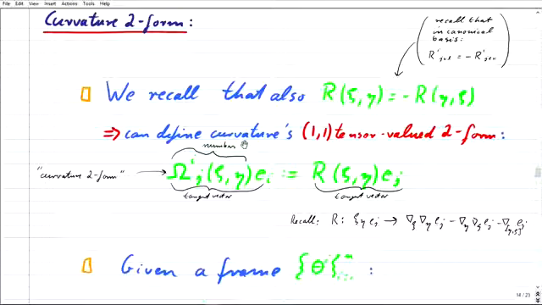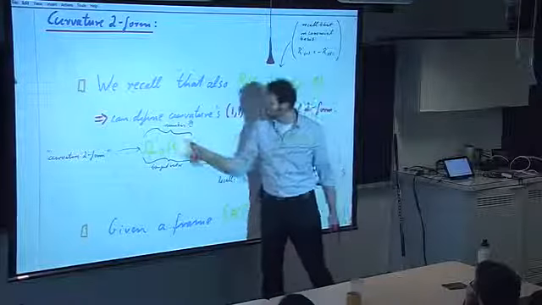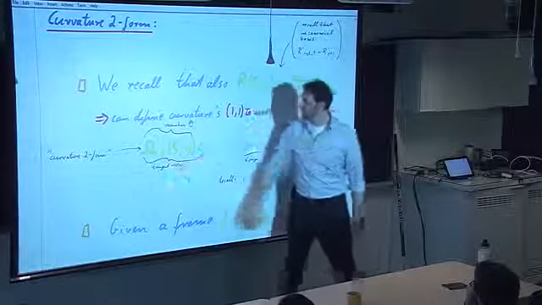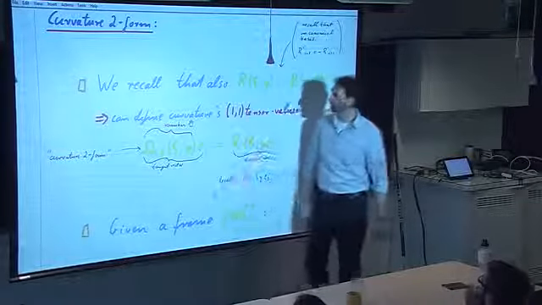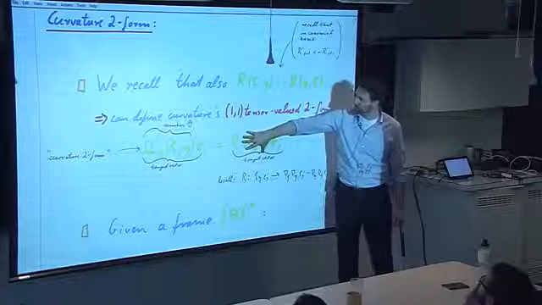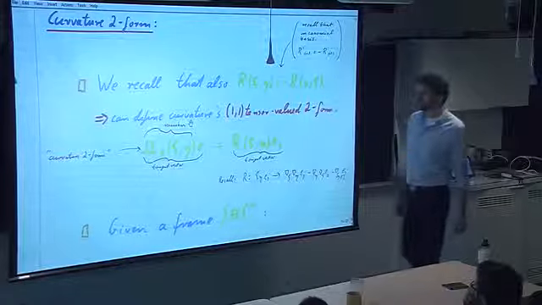Overall, what we have is that the curvature two-form takes two tangent vectors as input to satisfy its two-form structure, and then as output is left one upper index, one lower index. If we contract that upper index here, we obtain a tangent vector as the output of all of this. This whole structure is a tangent vector, and that's what the curvature map did as well. It maps three tangent vectors into a tangent vector.